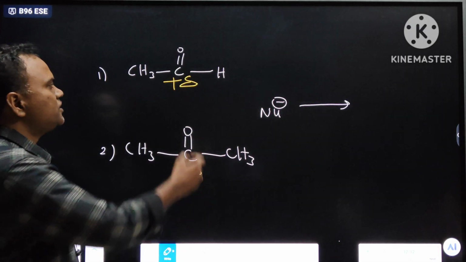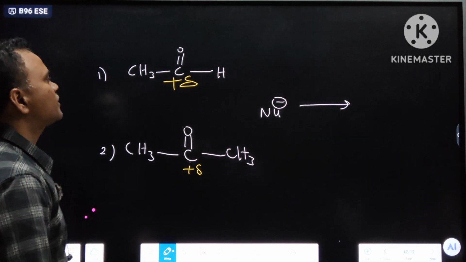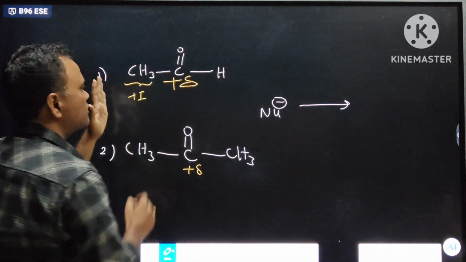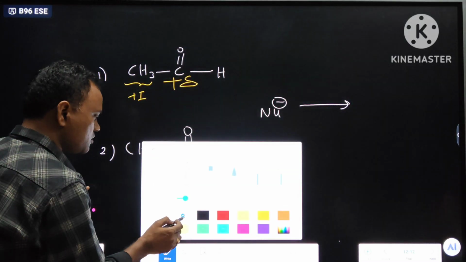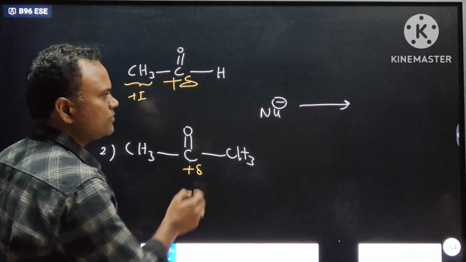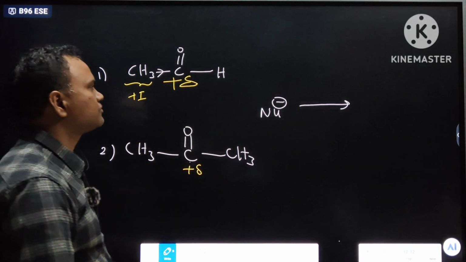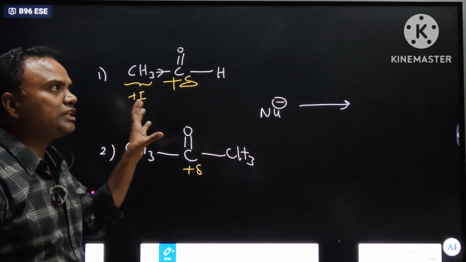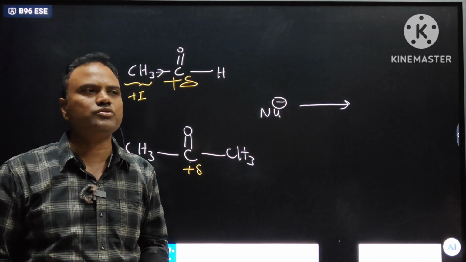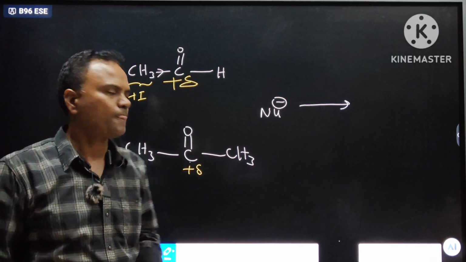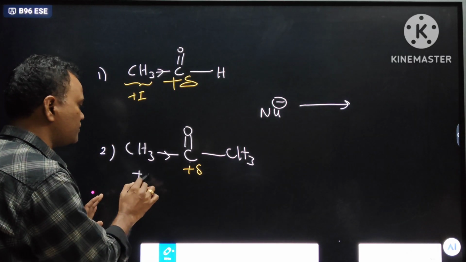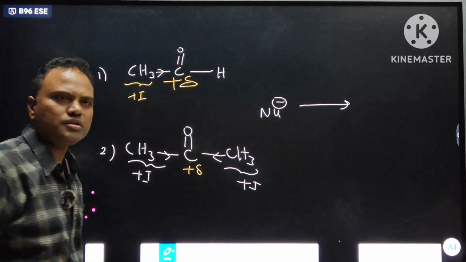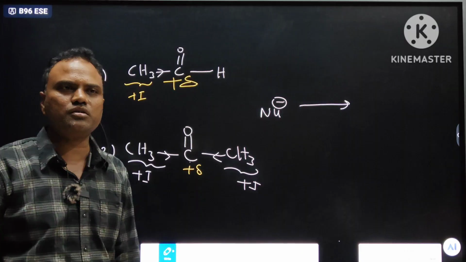Clear? Why does it have a large positive charge? On the left-hand side of this carbonyl carbon only one plus I group is present, and plus I groups donate electrons and nullify the positive charge. In a ketone, one plus I group is on this side and one on this side, so two plus I groups are donating electrons.